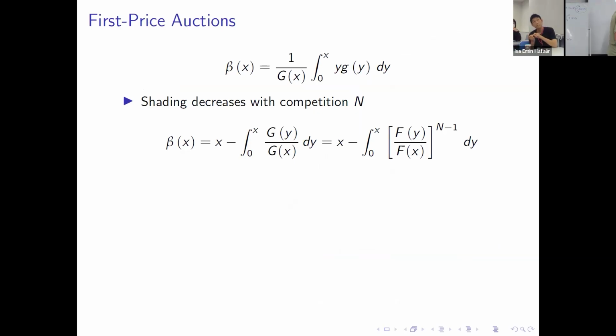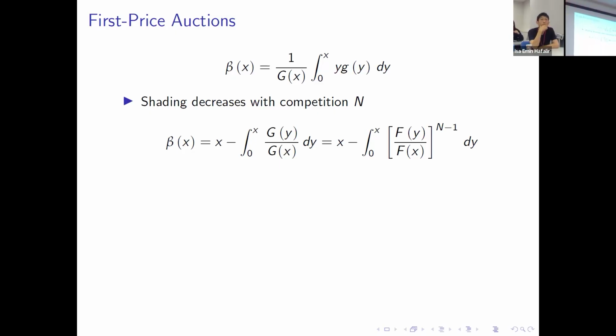If I take capital G inside and do again the same integration by parts that I had done previously, then you can write this whole thing as this one. And capital G is F to the power n minus 1. So this just becomes x minus the integral of F(y) divided by F(x) to the power n minus 1.